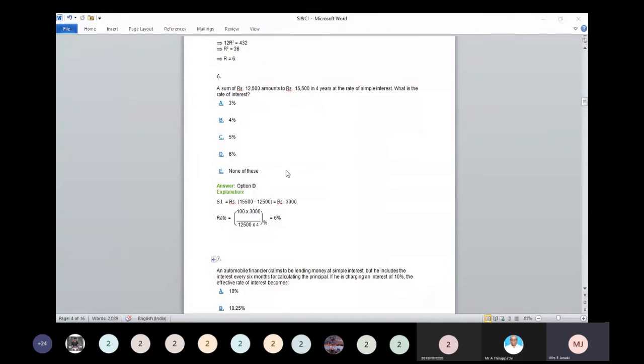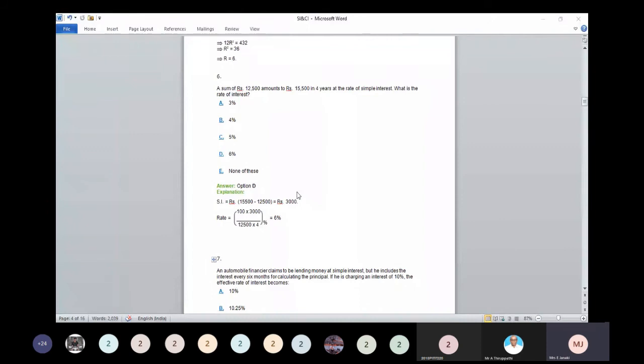So for the rate of interest, what is the formula? Rate of interest R is equal to simple interest into 100 divided by P into T. P means the principal amount. So what is the answer? Rate of interest, capital R, is equal to simple interest, which for this problem is 3,000.